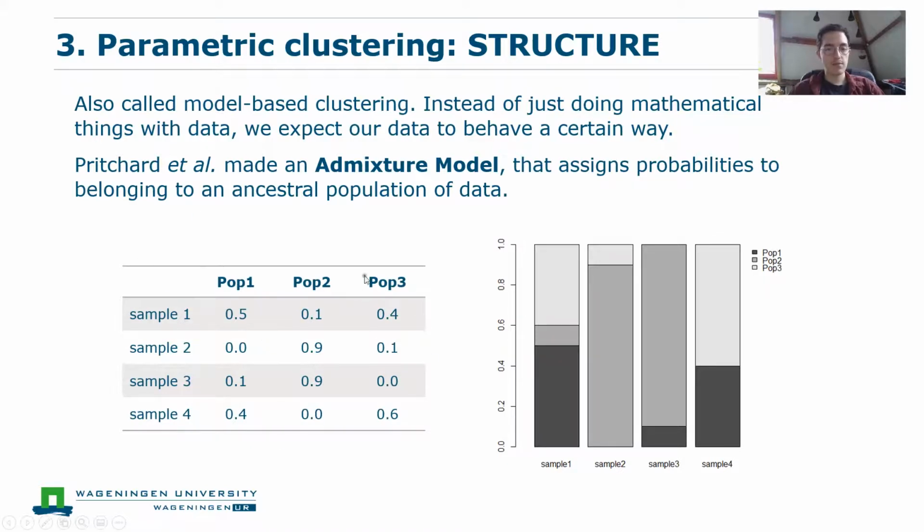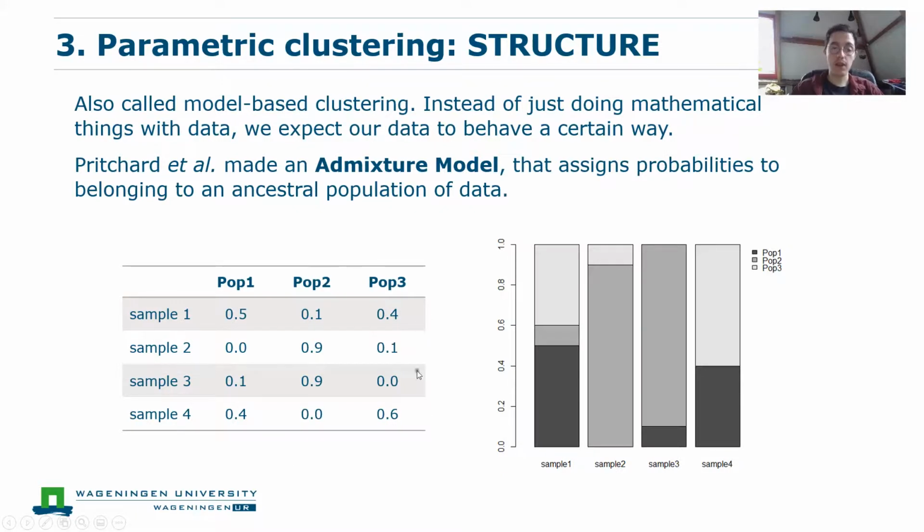In this case, we asked the program, okay, what is the ancestry of my data if my data comes from 3 ancestral populations? And then it says for sample 1, it has 50% probability of coming from population 1, 10% of population 2, and so on.